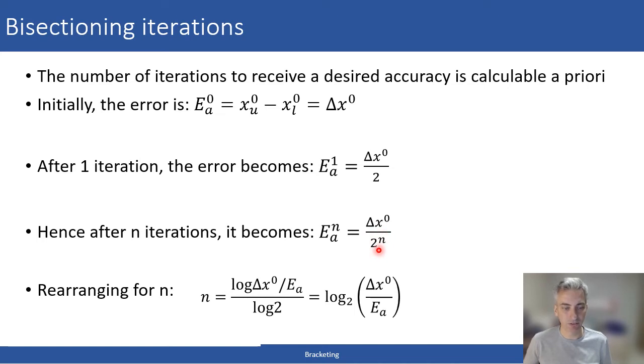And 3 iterations, we will have an eighth of the tolerance. If we rearrange this equation for n, we can very easily calculate the number of iterations it would need to reach a particular tolerance. So this is what this equation is at the bottom.